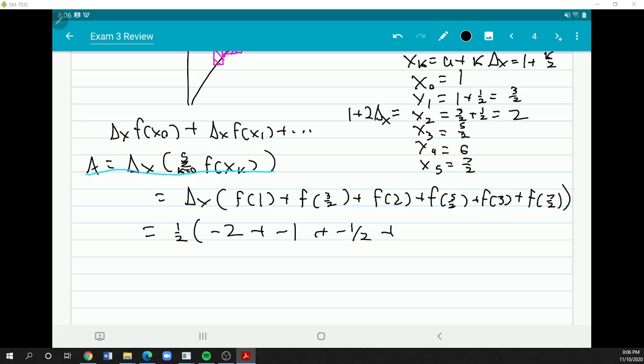Yes, okay. Minus 1/5, f of 3 is equal to 0. And then 7/2 is going to be plus 1/7.